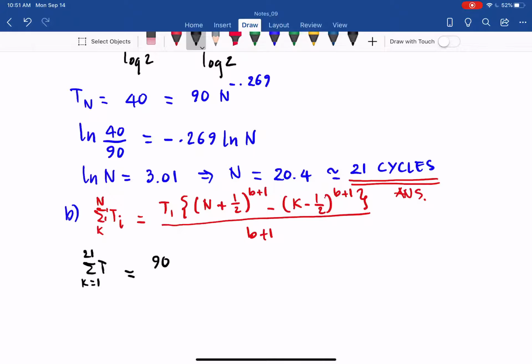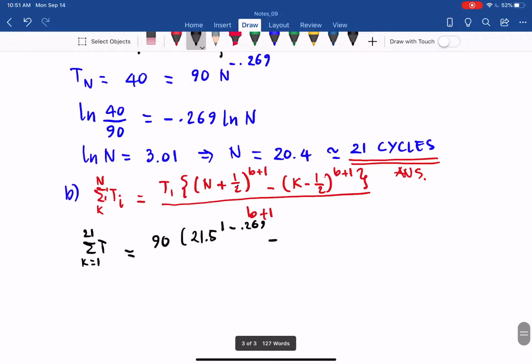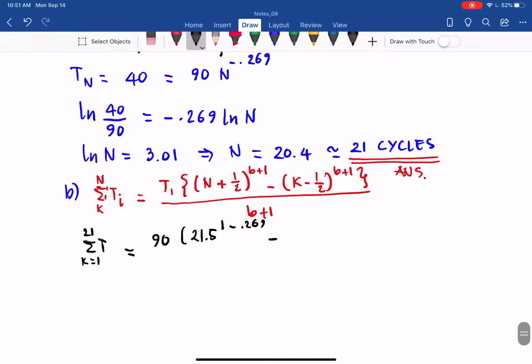Then n plus half, with n equal to 21, is 21.5. Then b plus 1 is 1 minus 0.269.